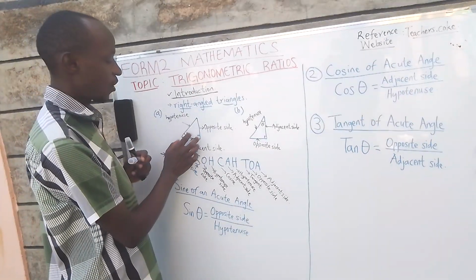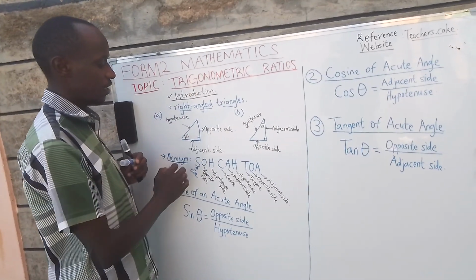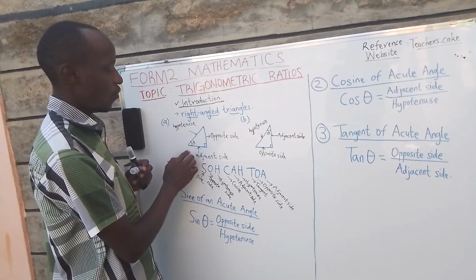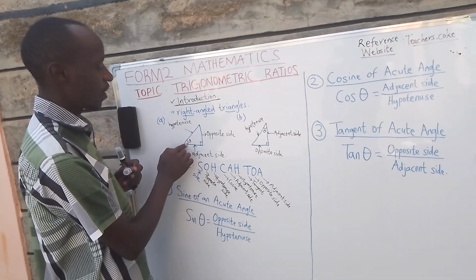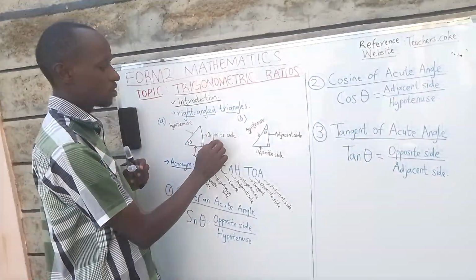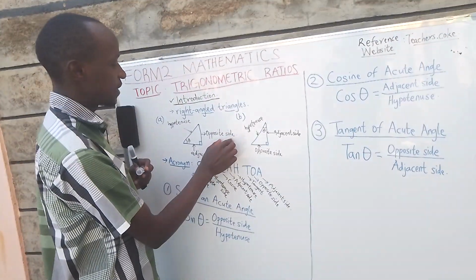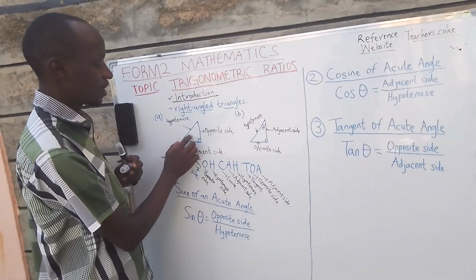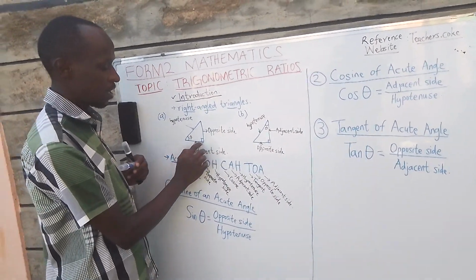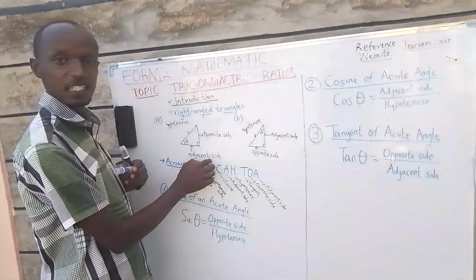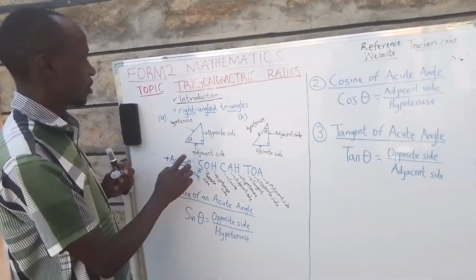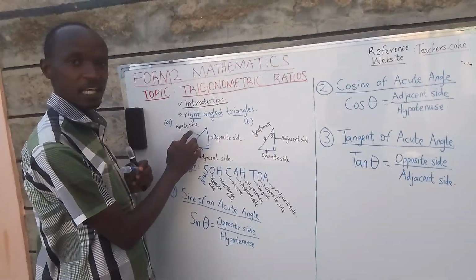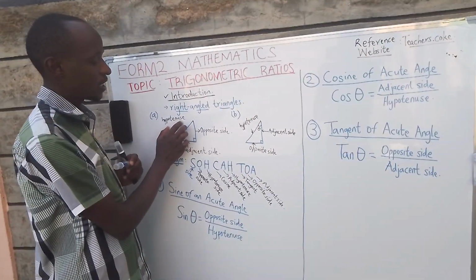When we have angle theta here, this is going to be the opposite side, and the downward part is going to be the adjacent side. Good. And the longer side is going to be the hypotenuse.